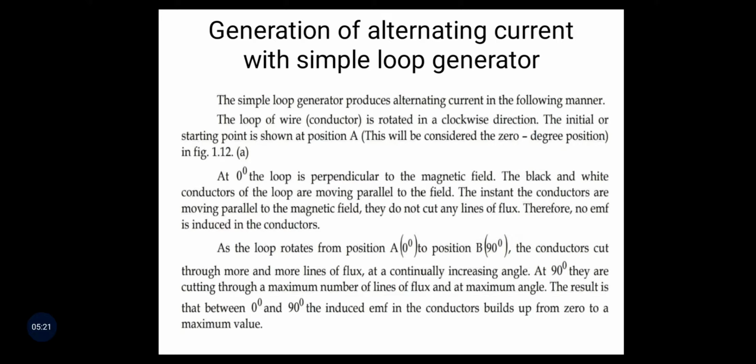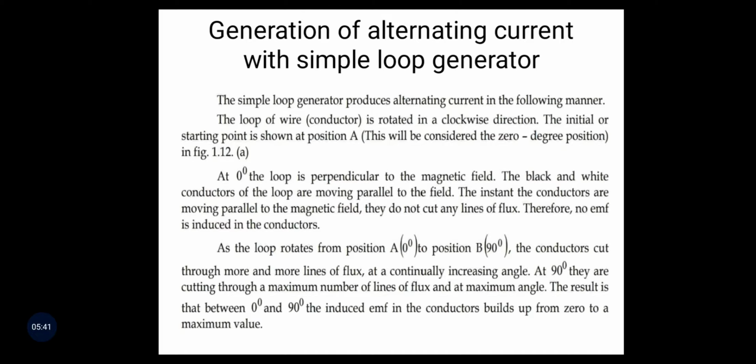If the loop rotates from position A, that is 0 degrees, to position B, 90 degrees, the conductors cut through more and more lines of flux at continually increasing angle.